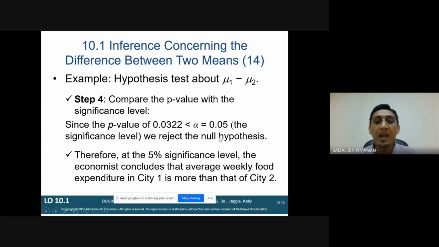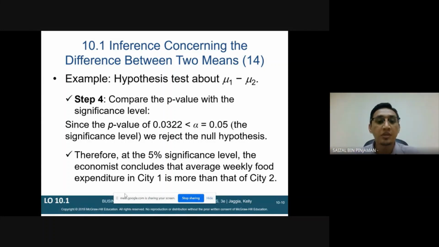Once we reject the null hypothesis, we can simply accept the alternative hypothesis. Of course, there are only two results in hypothesis testing, either rejecting or failing to reject the null hypothesis. But once we reject the null hypothesis, we can safely say that our claim based on the alternative hypothesis is true.